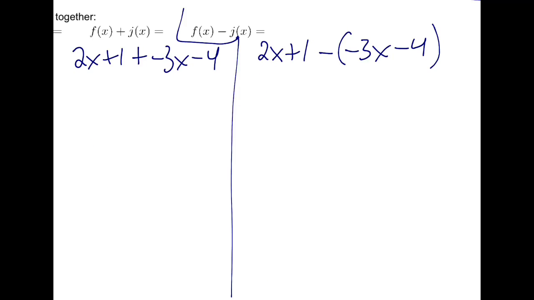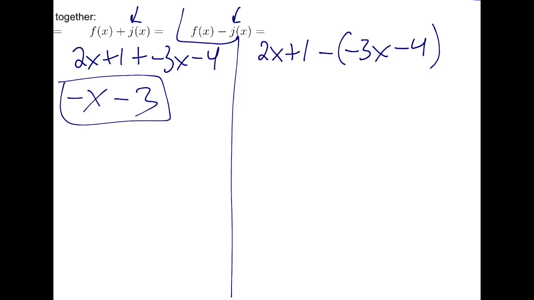The next two, I'm adding the function j of x here on the left, and then I'm subtracting the very same function here on the right. So notice I don't need to bother with parentheses when I'm adding, but I do when I'm subtracting. So this becomes 2x minus 3x, which is negative x, minus 3, as I take 1 minus 4.